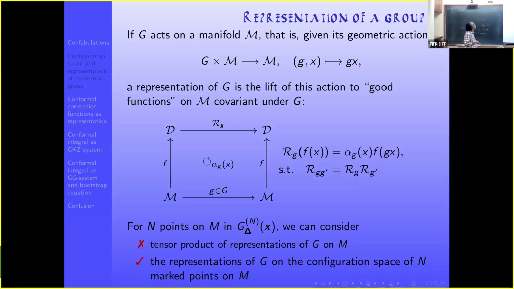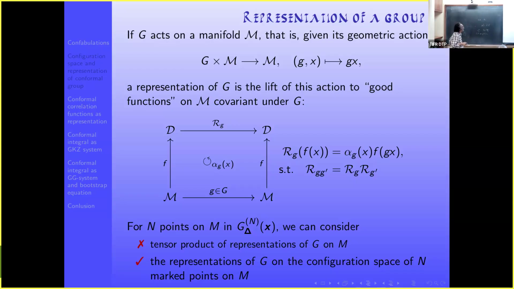So the geometric action, you want to lift it to the representation, basically lifting the geometric action of a group on some kind of good functions that you define and make it covariant under it. That's what we have done. So this is a fancy way of writing this. I have functions on this manifold and I want to lift it by this.